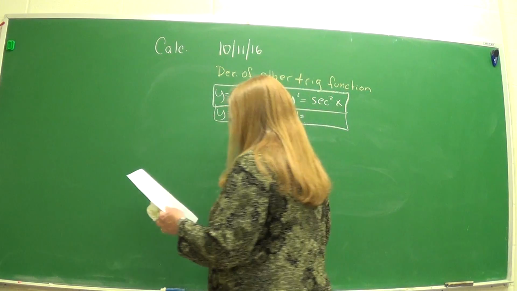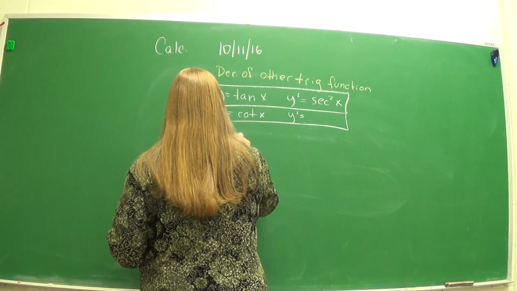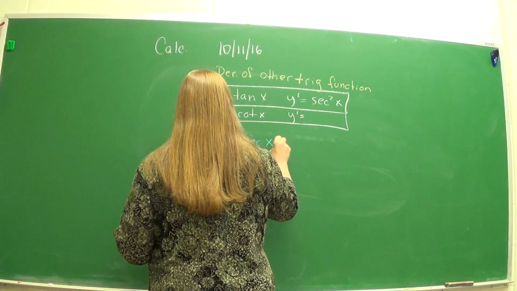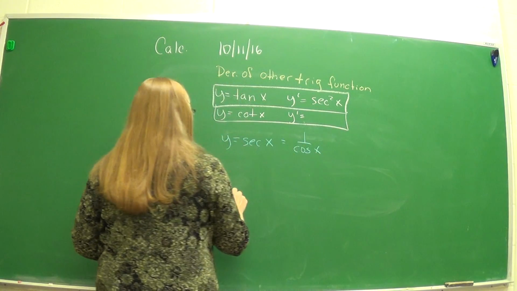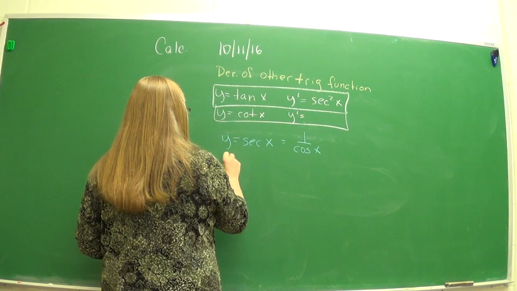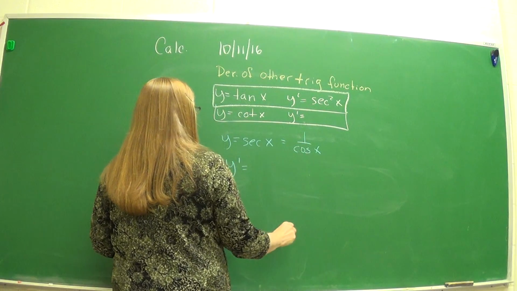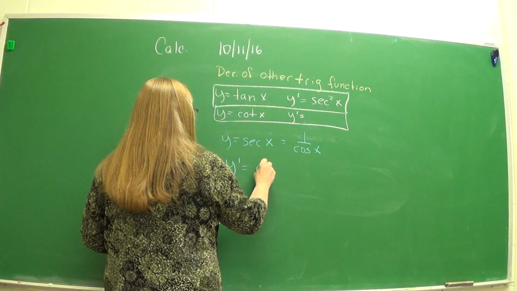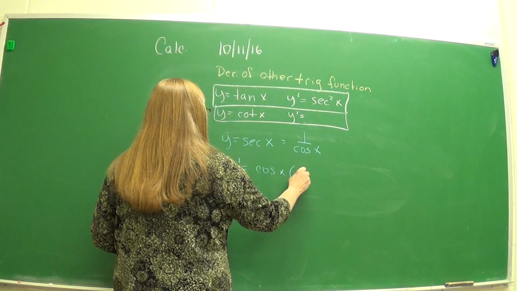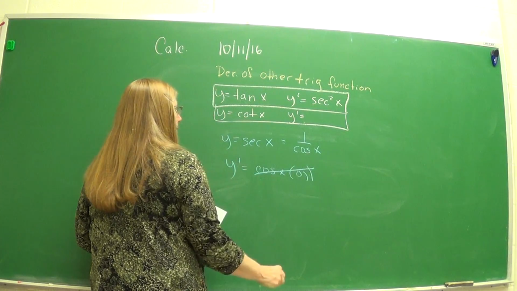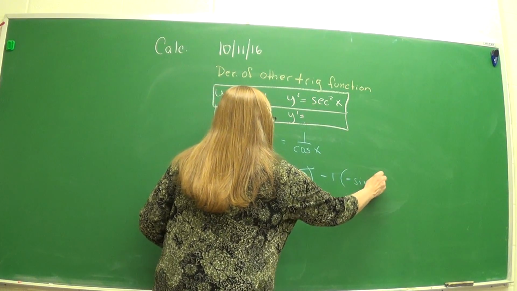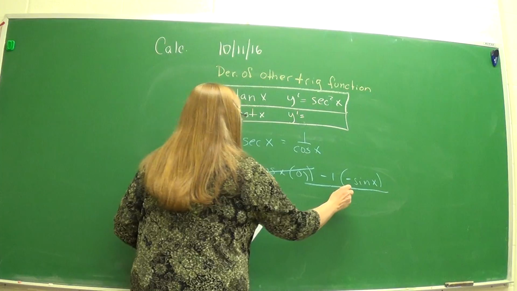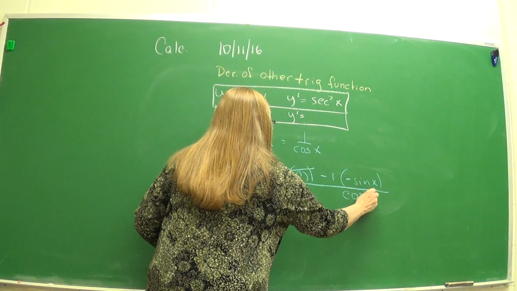Let's say I'm going to do y equals secant x, and I'm going to do that as 1 over cosine x. It's a quotient, so I'm going to use the quotient rule: the bottom times the derivative of the top minus the top times the derivative of the bottom, all over the bottom squared.